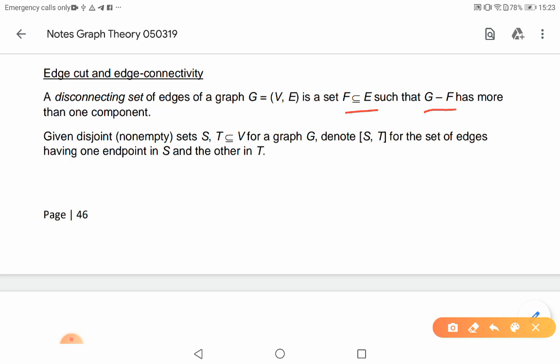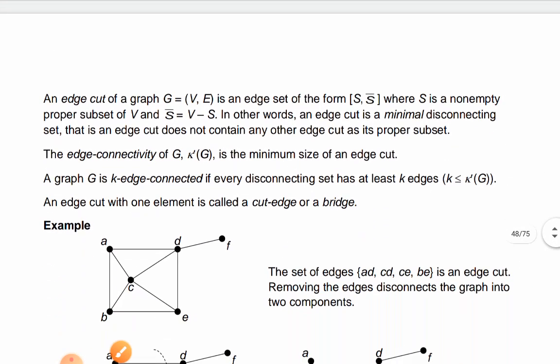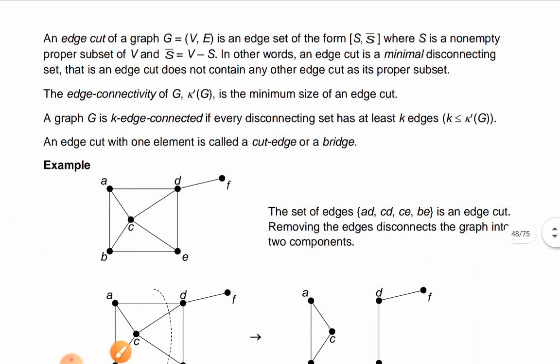If we have a non-empty set S where S is a subset of V for a graph G, and we denote the complement as T, then the set of edges having one endpoint in S and the other in T is denoted as [S, T]. So what is an edge cut?